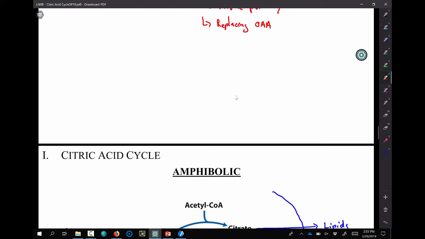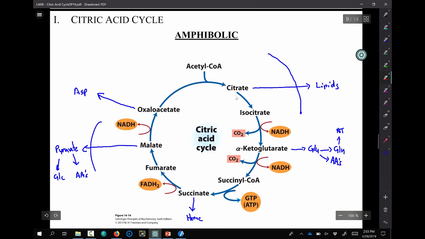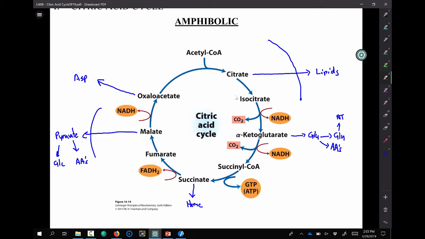We put that in the context of the citric acid cycle because the citric acid cycle is amphibolic, meaning that it can do both anabolic and catabolic. It's really the starting point of many anabolic processes, but it's also the ending point of many catabolic processes. I showed here in all these different arrows, these blue ones would be anabolic processes that are cataplerotic reactions, meaning that they're going to lead to an overall reduction in the flux of the pathway.